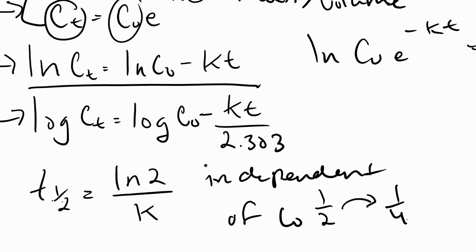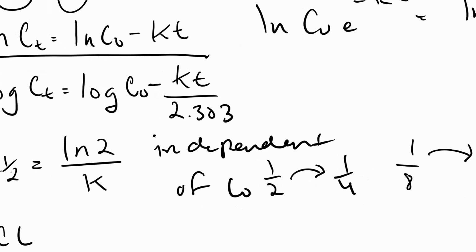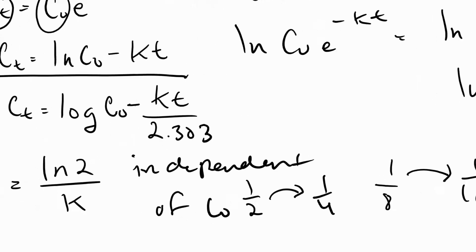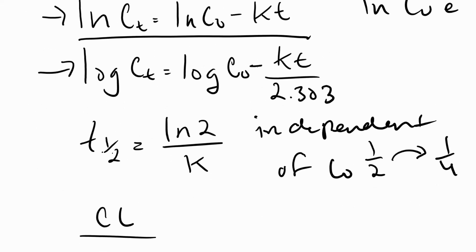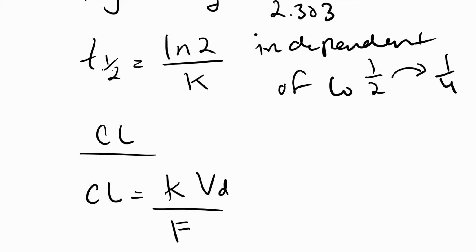That's the same time as going from, let's say, 1/8 to 1/16. It's going to have the same half-life regardless of how much initial concentration you start with. As long as you go from what you start with, or whatever value you start with, to half of that amount, it will be the same half-life regardless. You can't say the same for zero order though. But most drugs are first order, and I'm pretty sure we're doing first order when it comes to testing this first time.